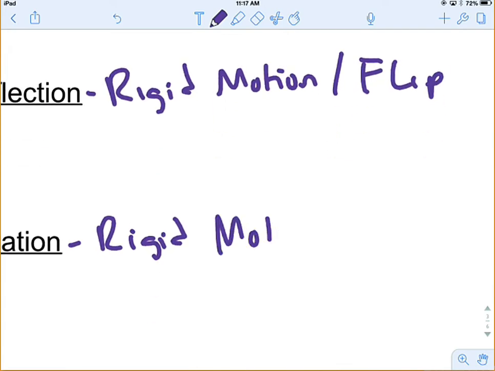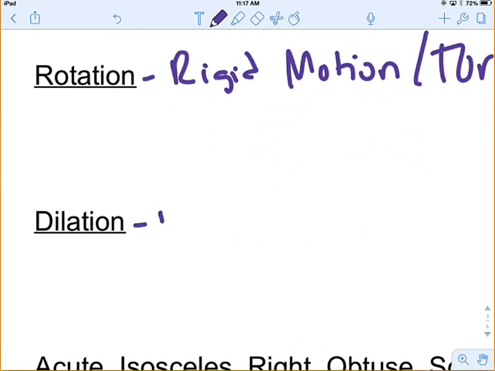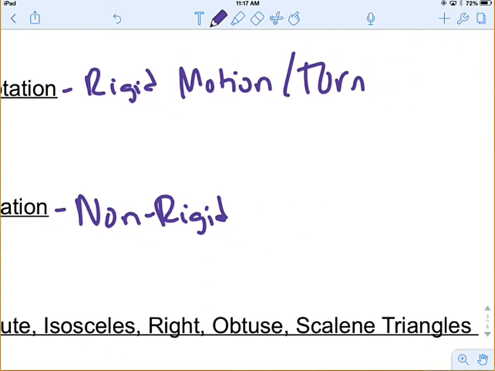Rotation is again rigid, that's a turn. This is dilation. Yep, so it's non-rigid. Okay, this is like a blow up or a shrink.